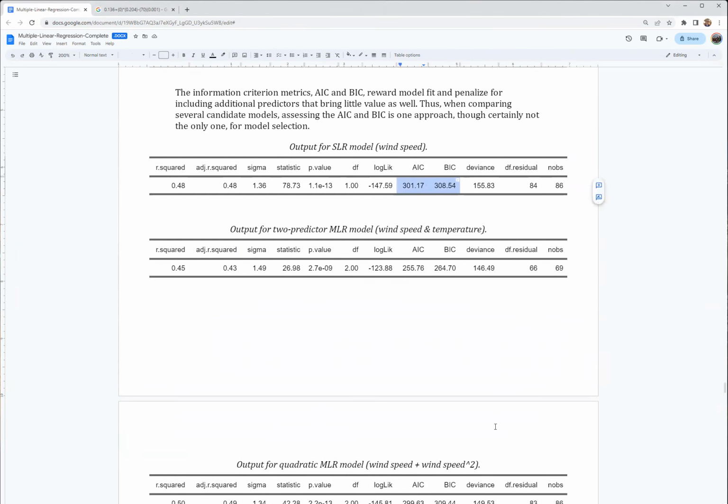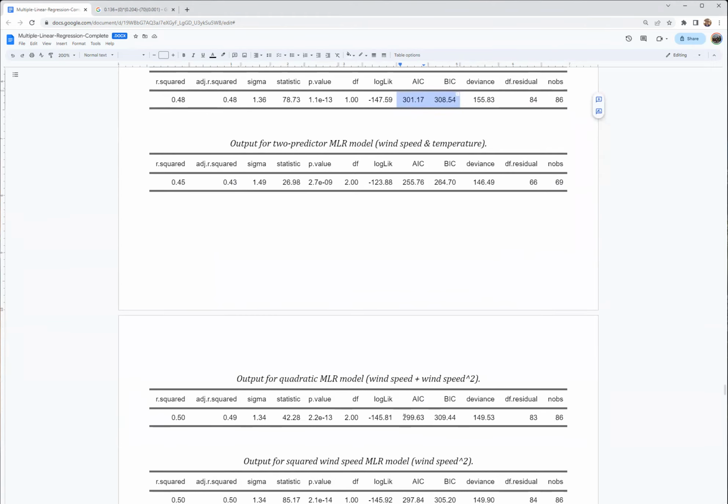So here's just wind speed again, and then here's wind speed plus wind speed squared. This one has lower AIC, this model, but the BIC is higher, which is not good for the squared model.